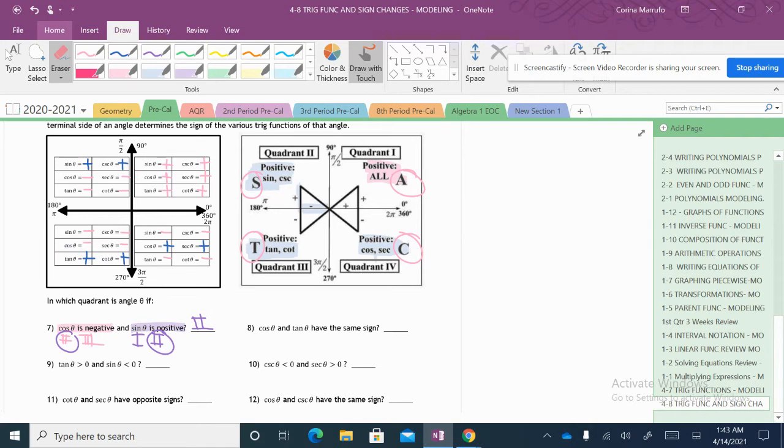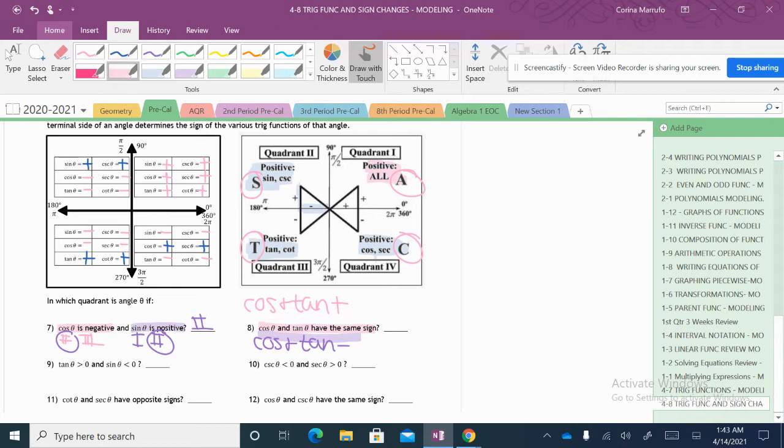Here now we're looking for when cosine and tangent have the same sign. So we have two possibilities. Either they're both positive, so we're looking for when cosine and tangent are both positive, or they're both negative.